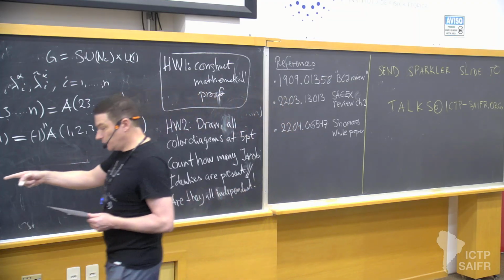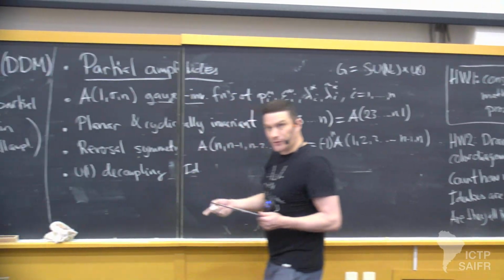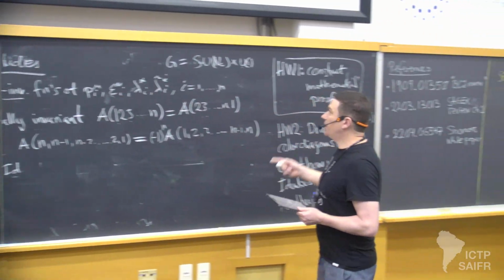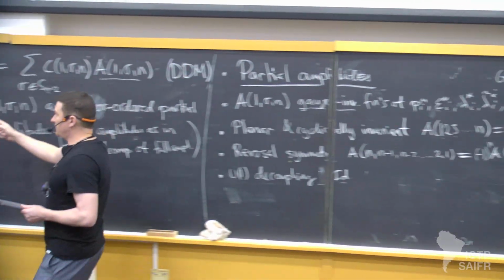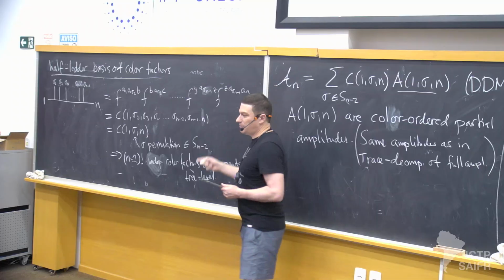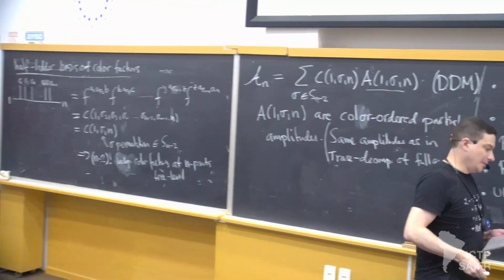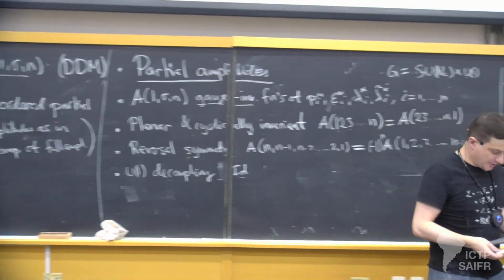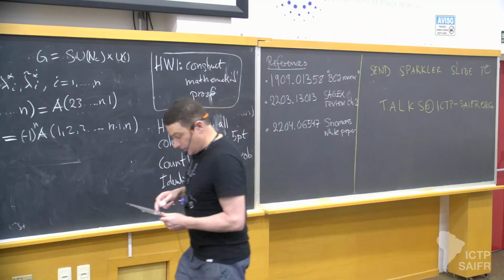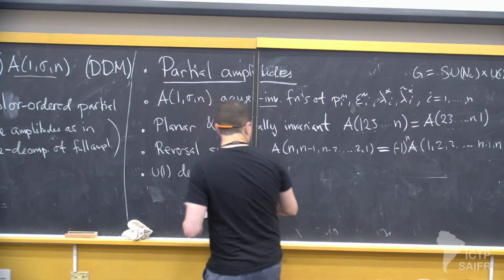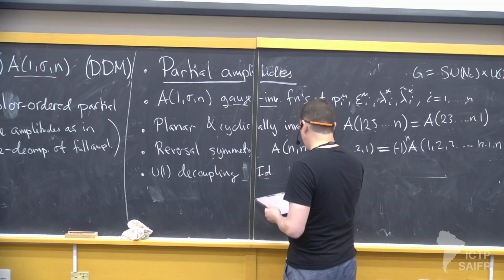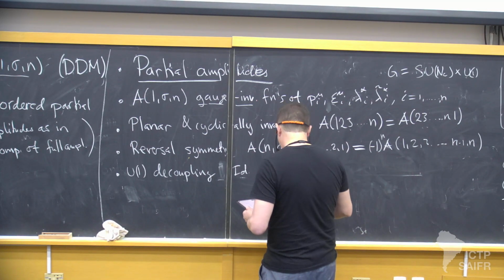That has to be true because photons don't couple to gluons, but it's really a statement that these Fs are actually 0. If I plug in a photon, the Fs just vanish because F is non-abelian. But it has a consequence for the partial amplitude, which is highly non-trivial.